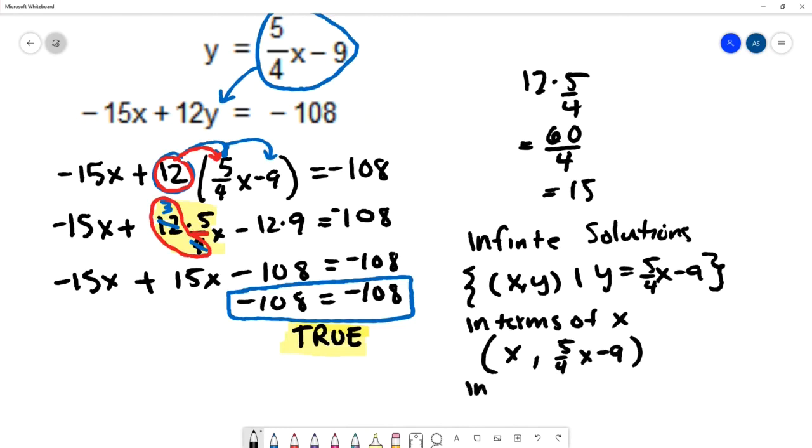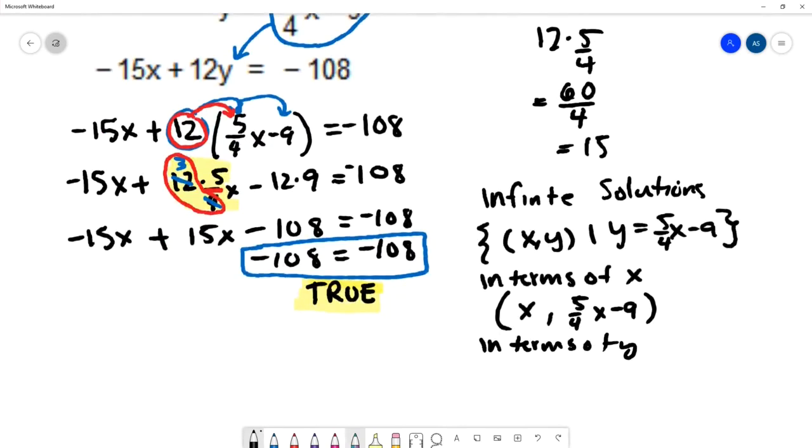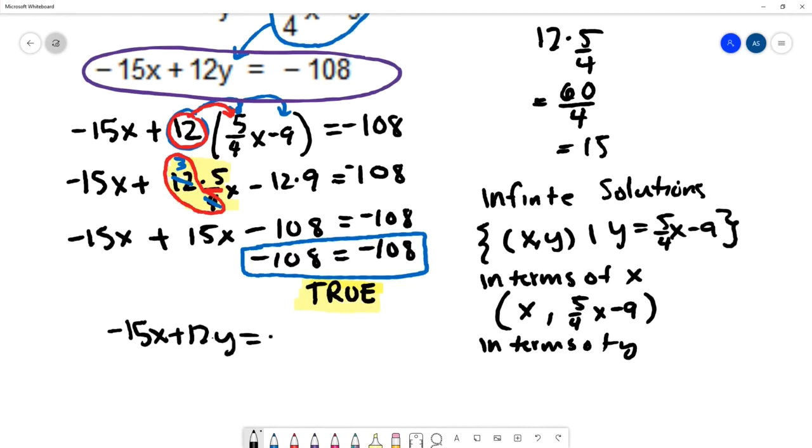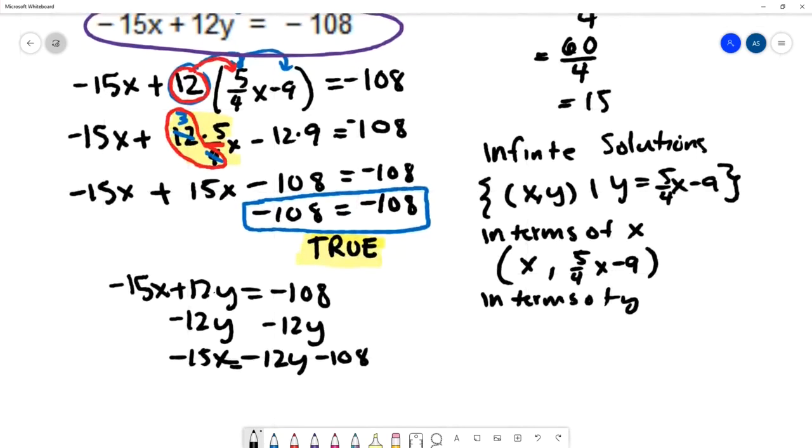If they said in terms of y, we have to put in a little work. So I would probably take the second equation here and I would solve for x. Negative 15x plus 12y equals negative 108. I'm going to subtract 12y. Got negative 15x equals negative 12y minus 108. Divide by negative 15.